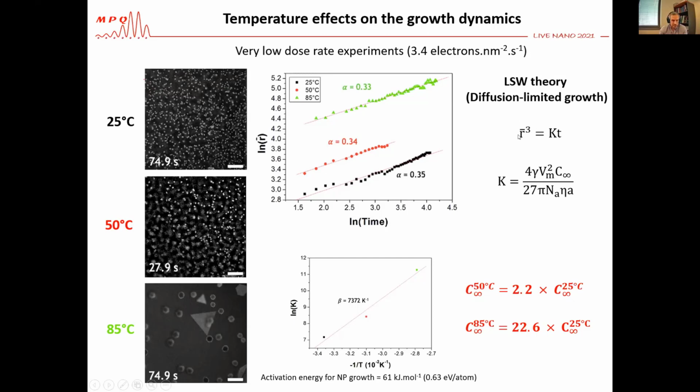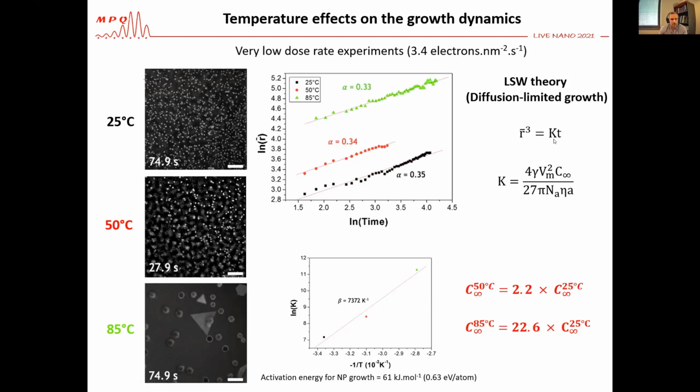Of course, the growth dynamics are much faster at high temperature, but it does not affect the power law exponent, which is pretty much the same. It only affects the growth rate constant K in this equation.